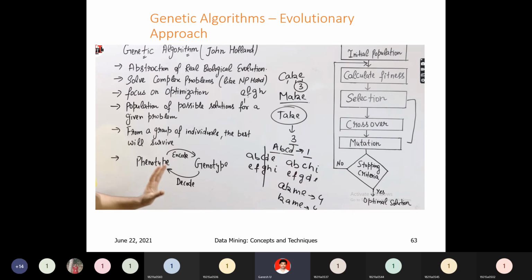From all these gene values, you have to find out the fitness value which is good, which is best, and that value will be taken. You calculate the fitness value, select it, and cross over.